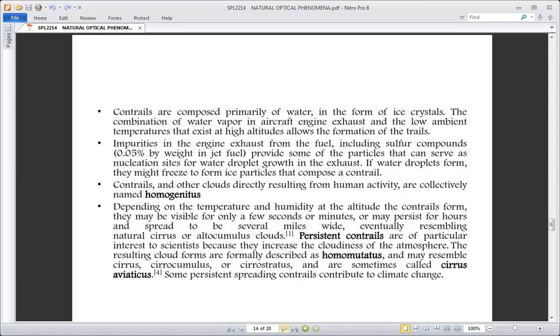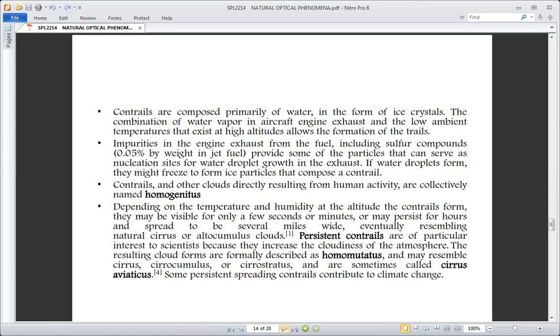Like what, you can produce artificial clouds by the same procedure. So that is what we call homogenitus. Depending on the temperature and the humidity at the altitude, the contrails formed may be visible for only a few seconds, or minutes, or they may persist for hours and spread to several miles wide.